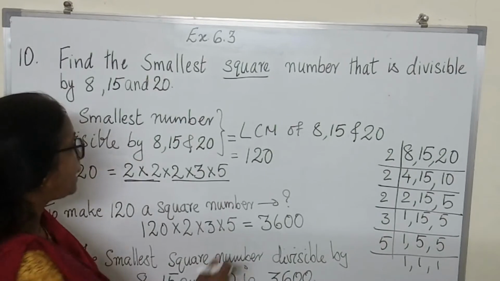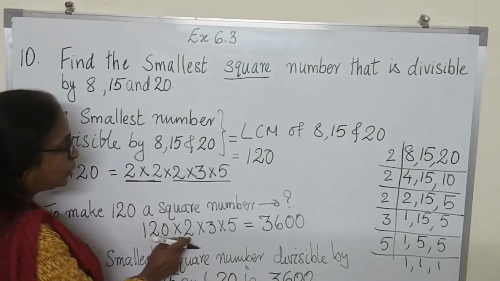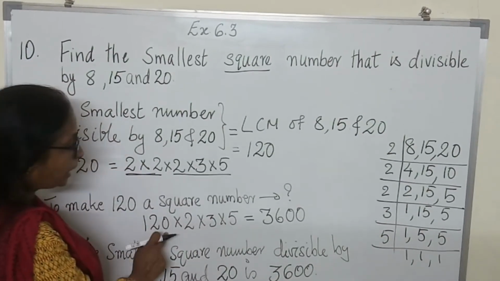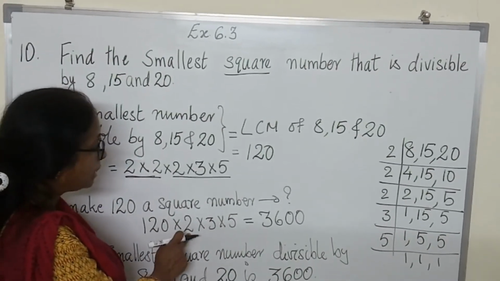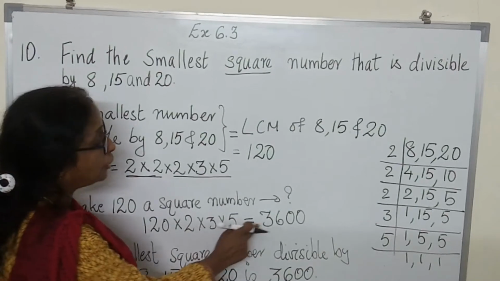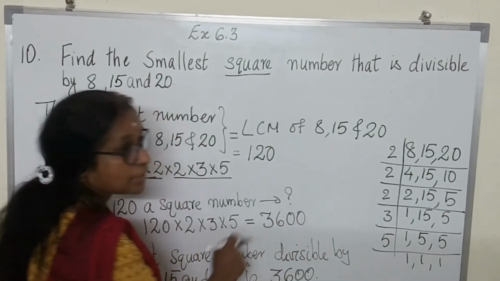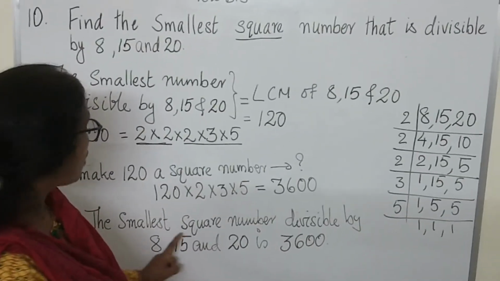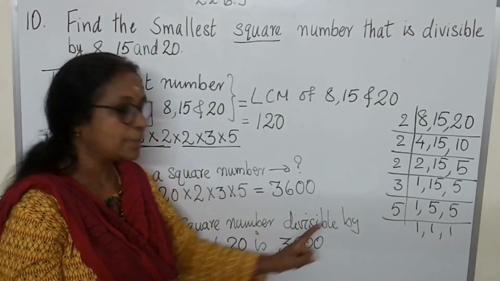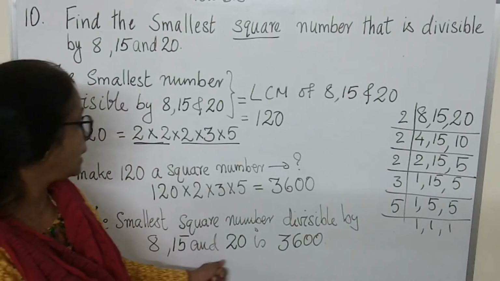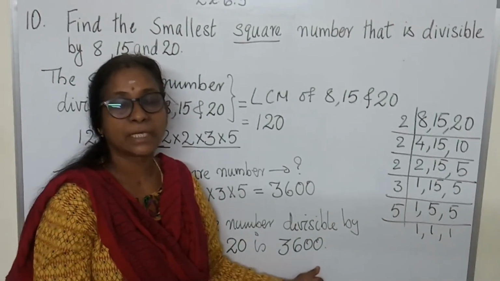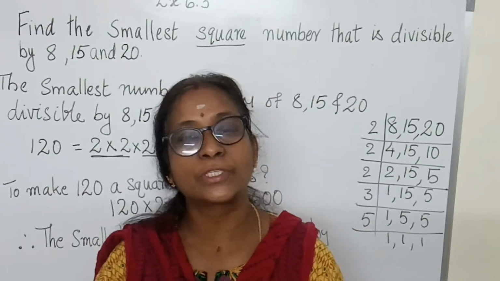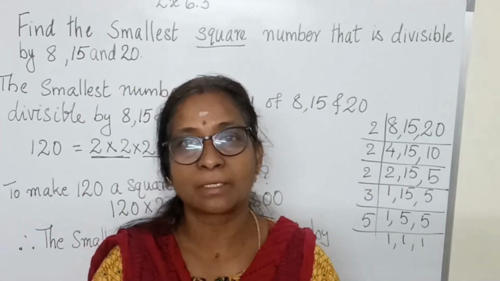So when you multiply 120 by 2 into 3 into 5, we get 120 into 2, 240, multiplied by 3 into 5, which is equal to 3600, which is a perfect square. So the smallest square number divisible by 8, 15 and 20 is 3600. Okay, this is the last question from exercise 6.3.